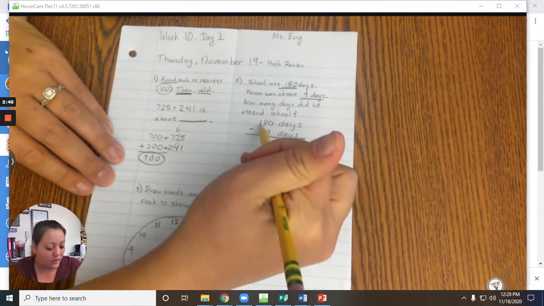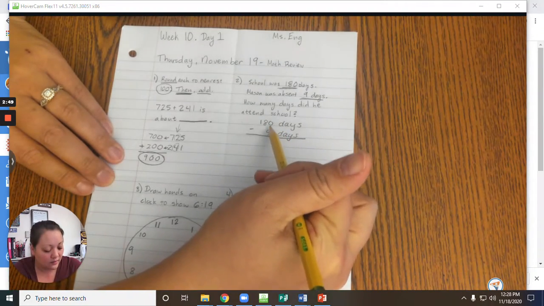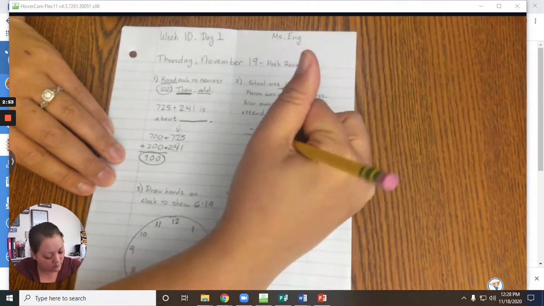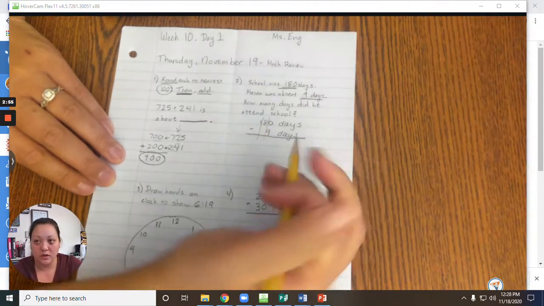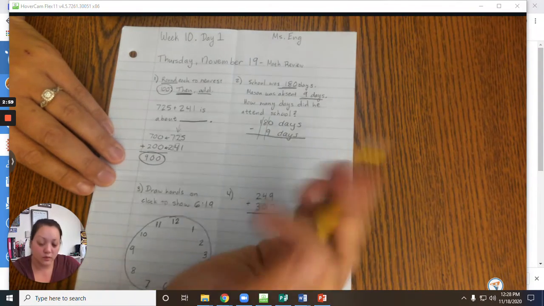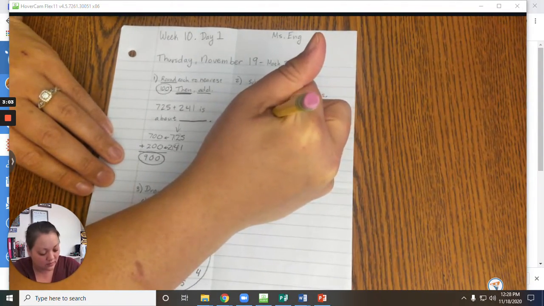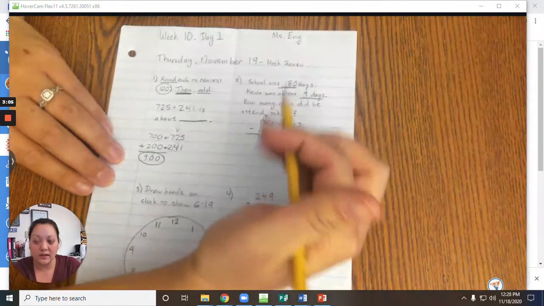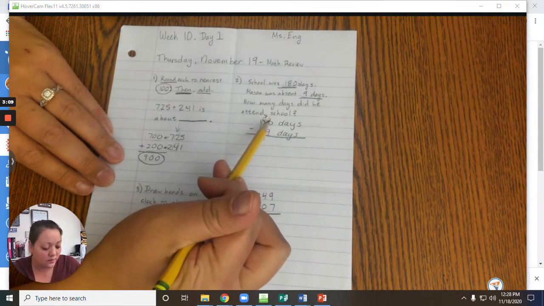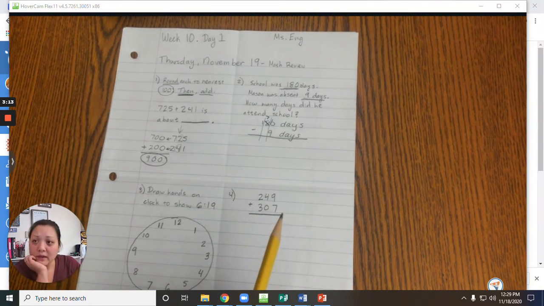he was at. So if I have 180 minus 9, this is my ones column, my tens column, and my hundreds column. So I can't subtract 9 away from 0, so I have to borrow from the tens, which is going to leave a 7 there, so that's 70, and then I'm going to give this one a 10. So do you see how this 7 plus 10 would be 80, and that's where that 80 comes from? So hopefully you can see that.